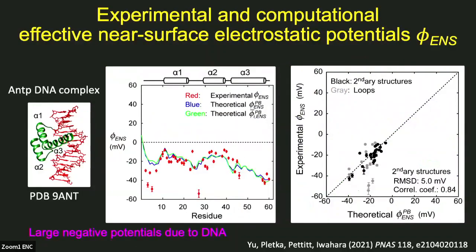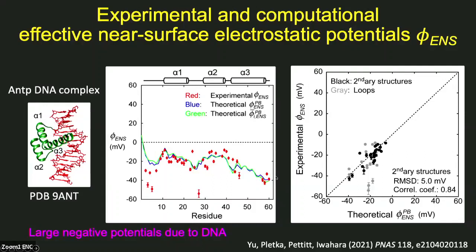We also applied our method to a highly charged protein-DNA complex. In this complex, the protein antennapedia homeodomain is highly positively charged. However, because of even larger negative charge of DNA, the electrostatic potentials from the experiment clearly show that all of the residues show negative electrostatic potentials.